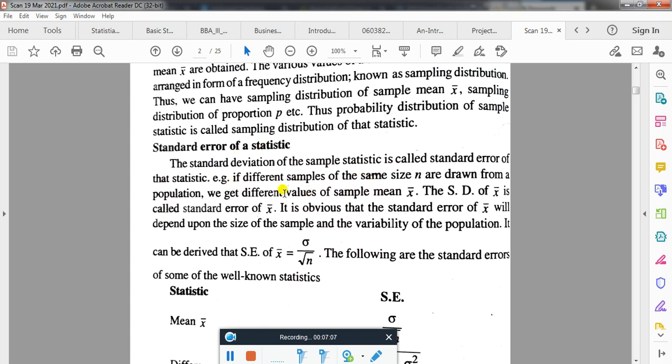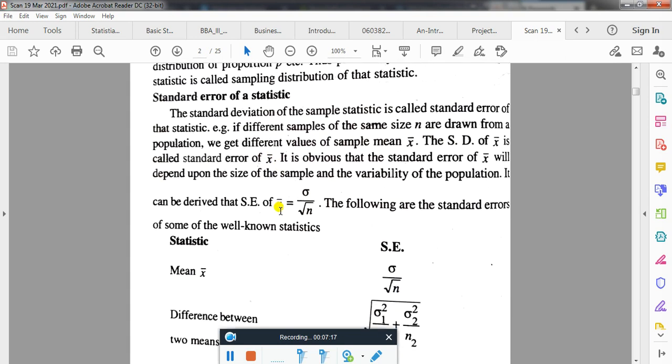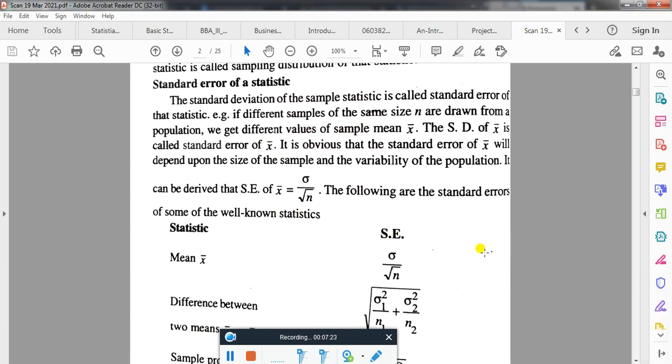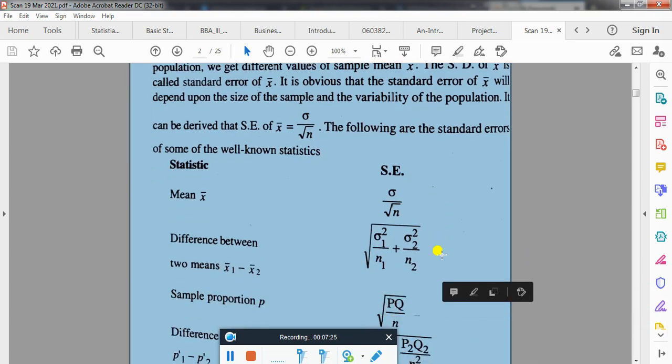Clear? So for the different values of sample mean x bar, the SD of x bar is called the standard error of x bar. It is obvious that the standard error of x bar will depend upon the size of the sample and the variability of the population.